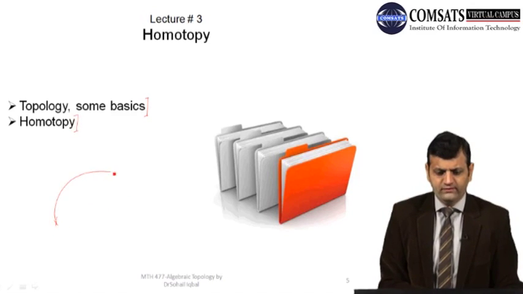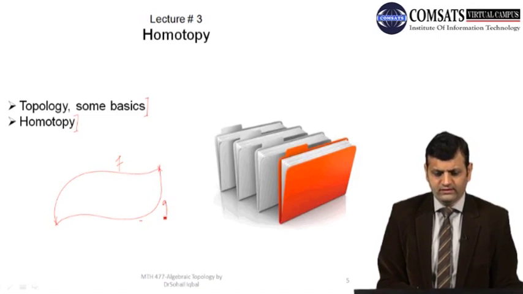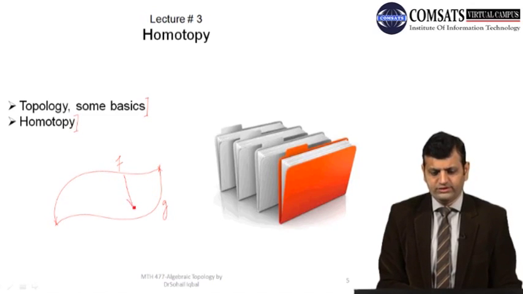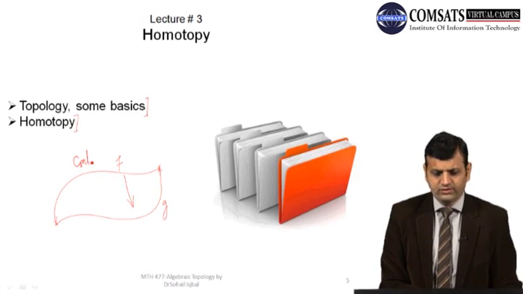If you have a function f and a function g, then they are homotopic if one of the functions can be deformed continuously into the other. We are emphasizing the word continuously.